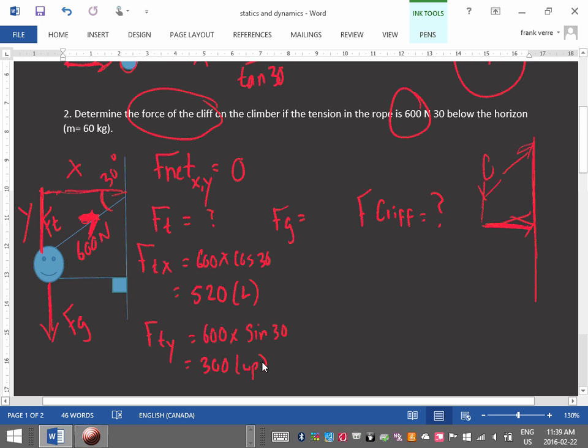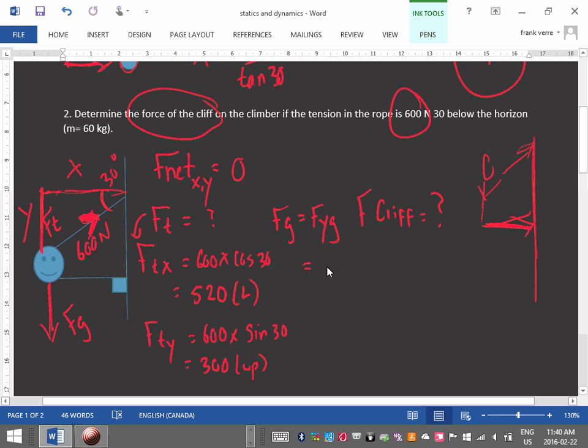Okay? So far it looks like nothing that we've never seen. Looks like something that we've seen before, right? Nothing new. So this is our tension. We resolved it into these two components. Our weight, well, is only one component, right? There is no x component. It's just the vertical because it's only pointing down.